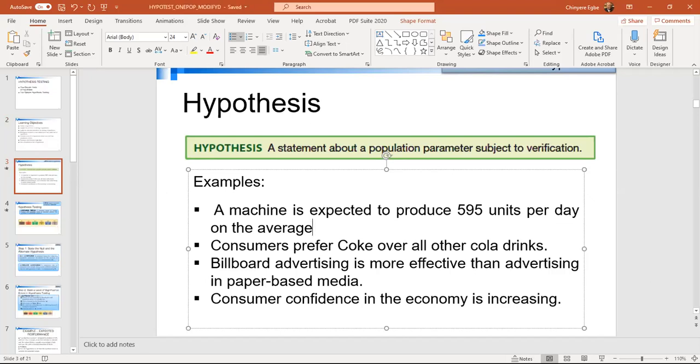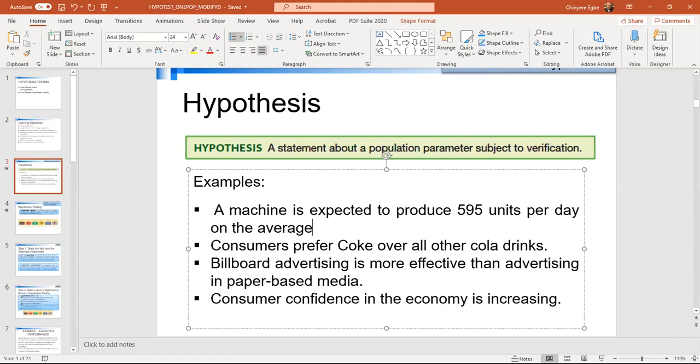And if the machine is producing 595 units per day, then it is doing its job. Okay, there are no problems. So what you do is you take a sample of days, like 100 days, like 60 days or 70 days, whatever. You can take any sample size, and every day you ask how much did this machine produce?